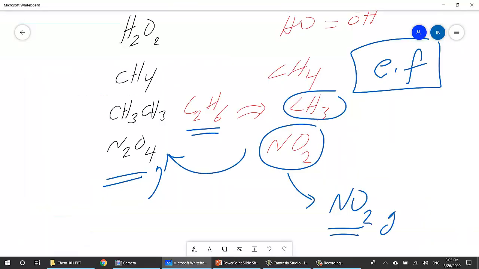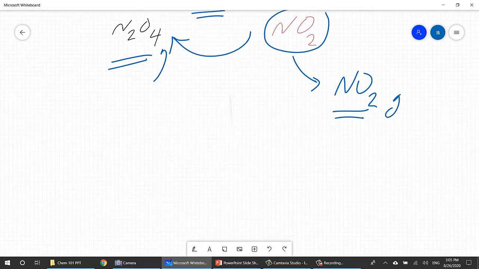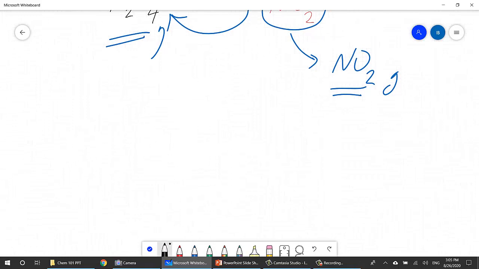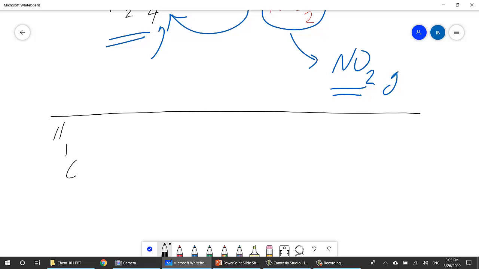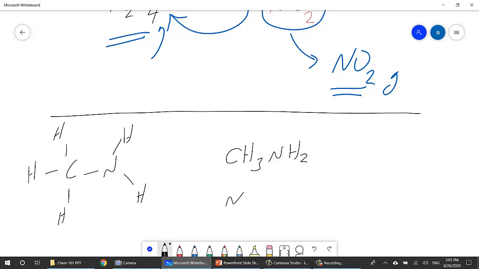So you might start thinking about different ways of doing this. And so you have carbon attached to 3 hydrogens, and you have nitrogen here attached also to 2 hydrogens. So you can write this as CH3 and then NH2. That would be the correct one. Some people like to write NH2 and then CH3.